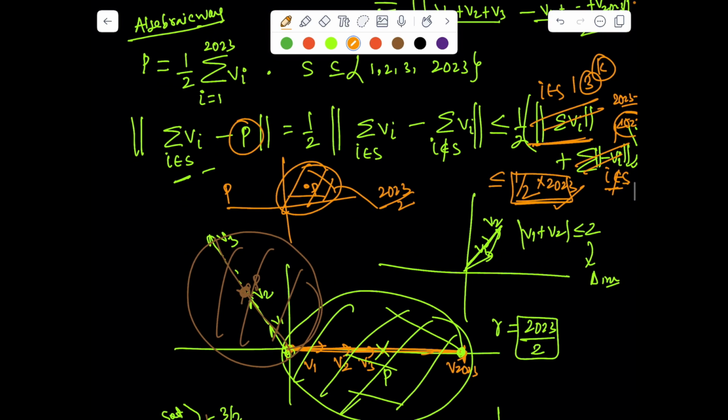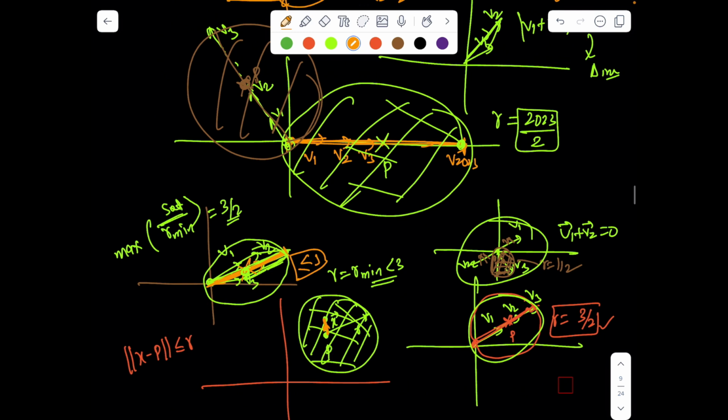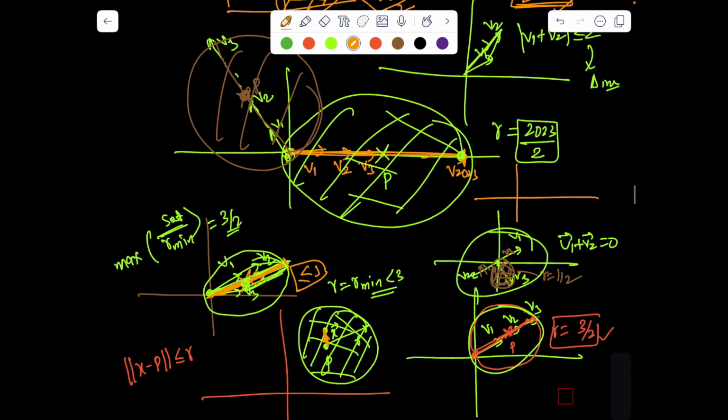On the other hand, if all B1, B2 and B2023 are equal, that's what I was telling under this configuration. If all of them are coinciding with each other, B1, B2 till B2023, then their summation will definitely span a length of 2023.